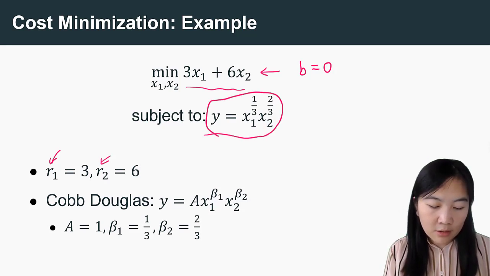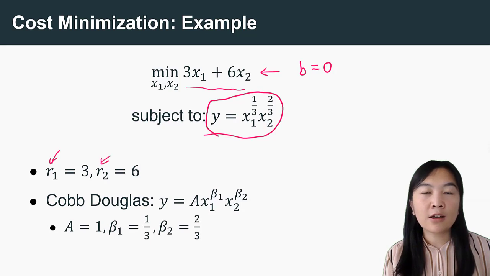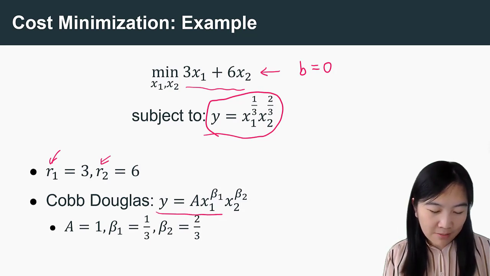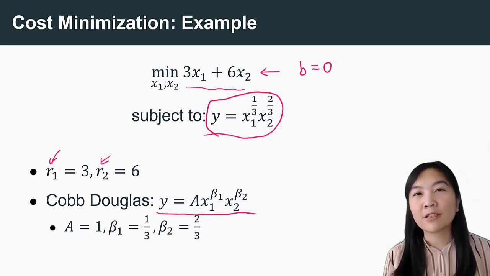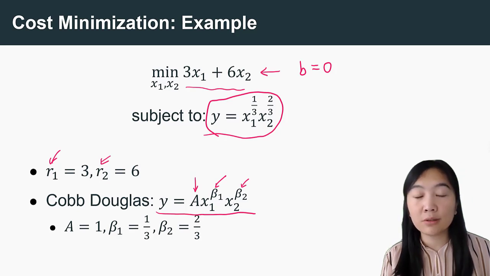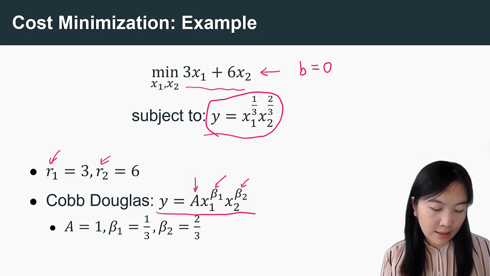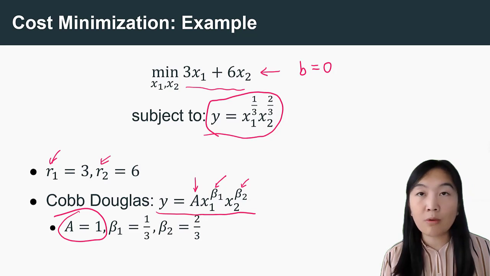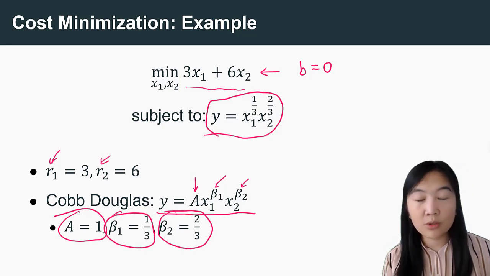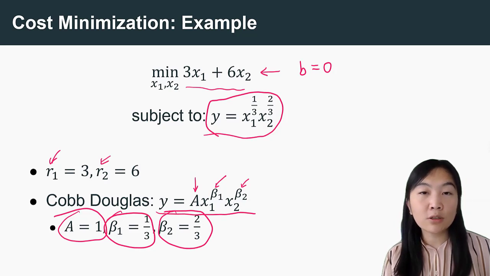And we are assuming that we have a Cobb-Douglas production function here. If you remember the Cobb-Douglas production function form, we have 3 parameters: capital A, beta 1, and beta 2. In this example, A equals 1, beta 1 equals 1/3, beta 2 equals 2/3.